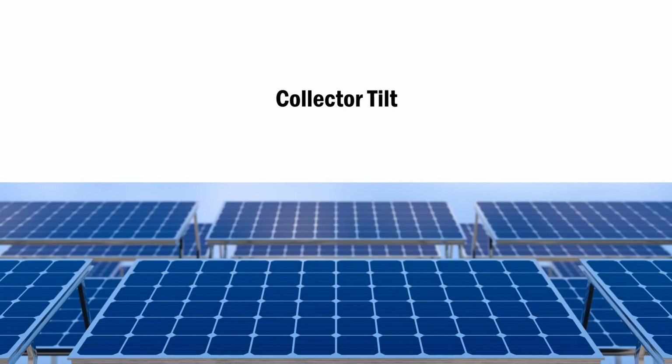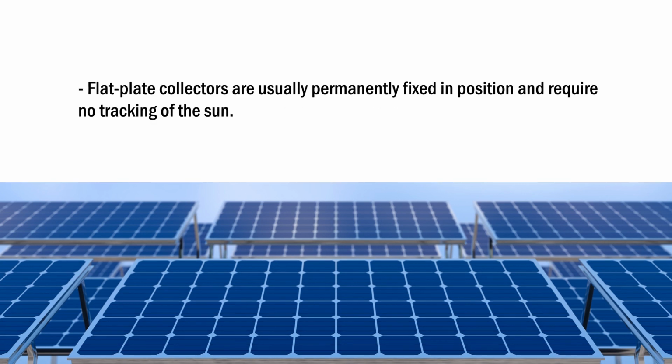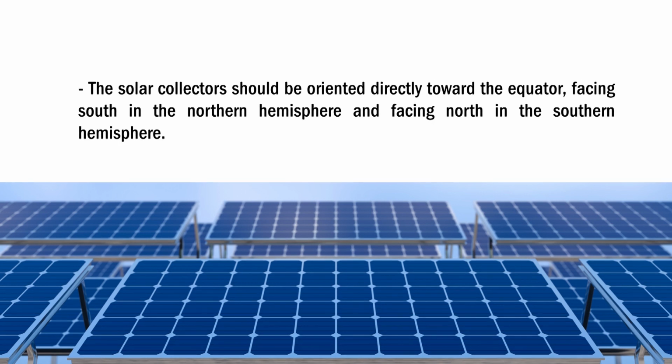Now we will discuss the collector tilt. We will now discuss the orientation of the solar collector for receiving maximum solar radiation throughout the year. Flat plate collectors are usually permanently fixed in position and require no tracking of the sun. Solar collectors should be oriented directly toward the equator, facing south in the northern hemisphere and facing north in the southern hemisphere.